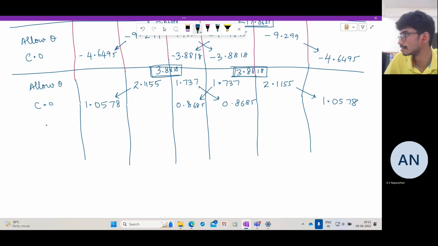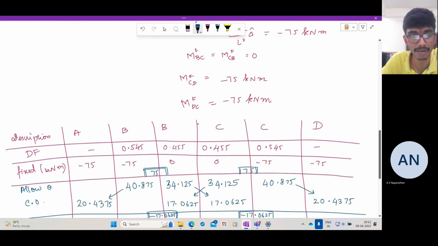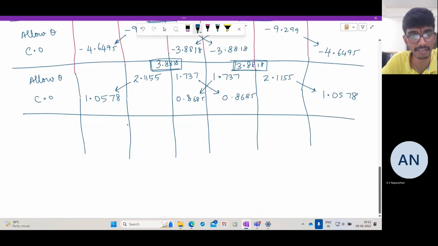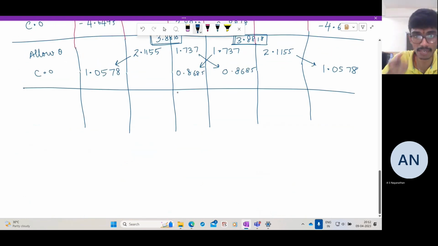So again, this is a right place to stop because you can see that 0.86 is very small compared to the initial unbalanced moment of 75. So we can stop the iterations here. So you just split this minus 0.8685 into two parts. So here you're applying minus 0.8685.